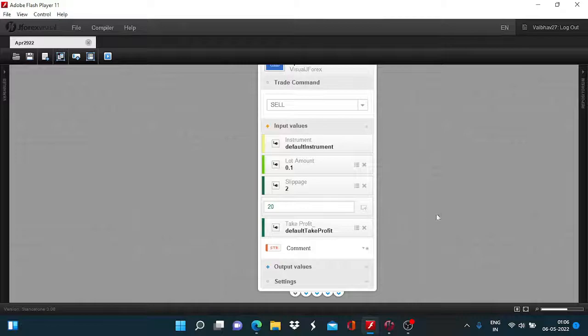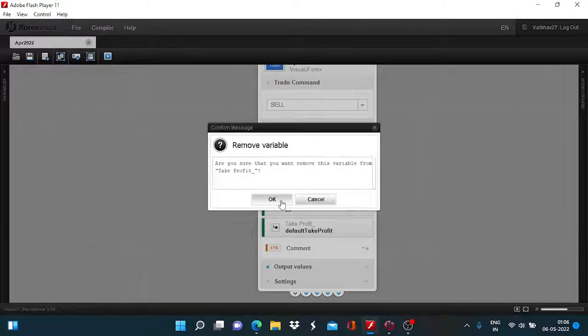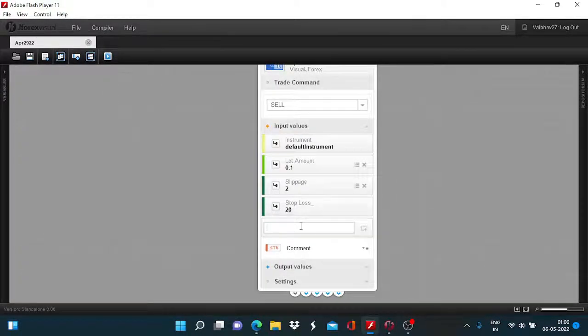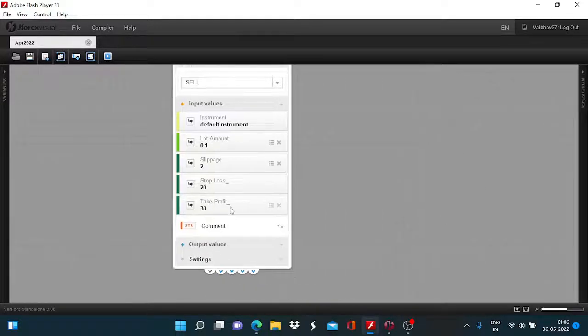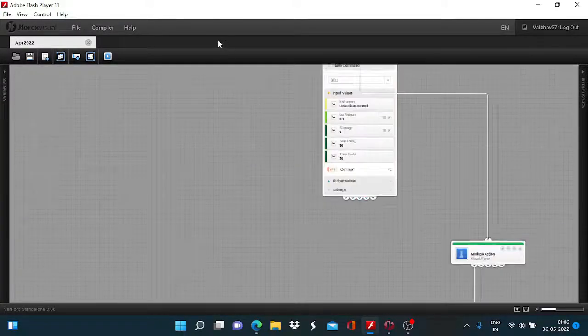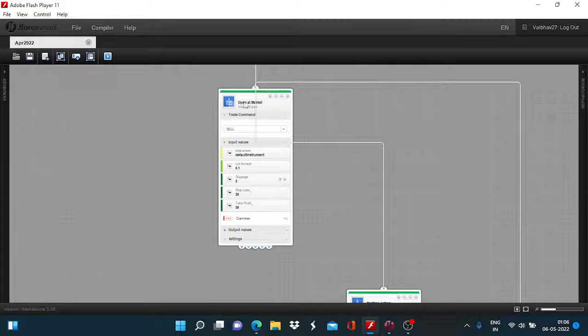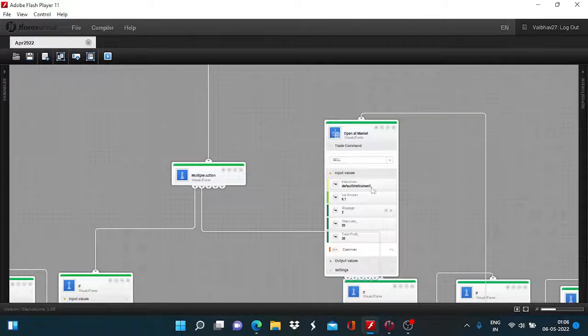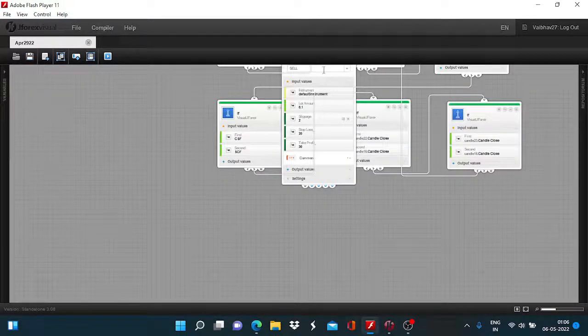So stop loss is going to be 20 pips and take profit of 30 pips. All right. So here we have defined all the required parameters for the trade command block.